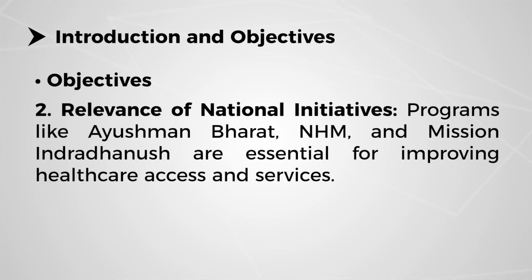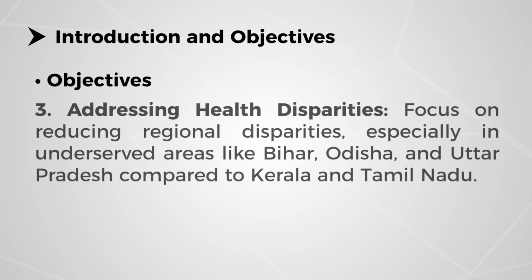Second is implementing key national initiatives: programs such as Ayushman Bharat, National Health Mission and Mission Indradhanush are crucial for expanding healthcare access, especially in underserved areas, for example remote tribal areas. Then addressing health disparities: emphasize reducing healthcare inequalities, especially in states like Bihar, Odisha and Uttar Pradesh, which lag behind Kerala and Tamil Nadu in healthcare outcomes.